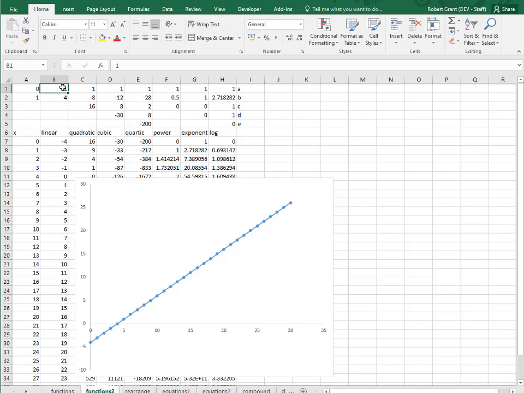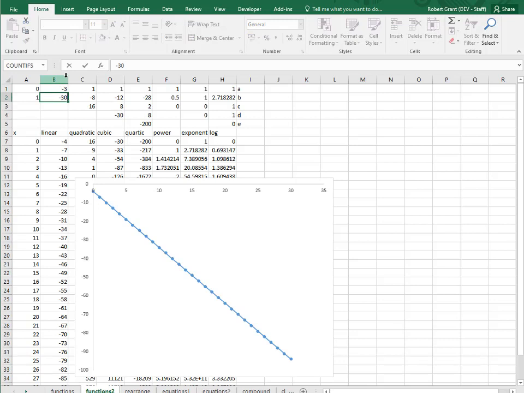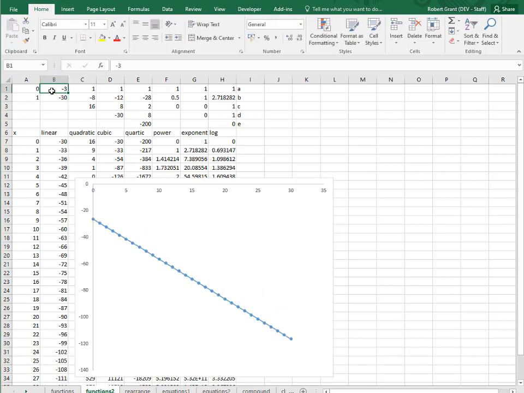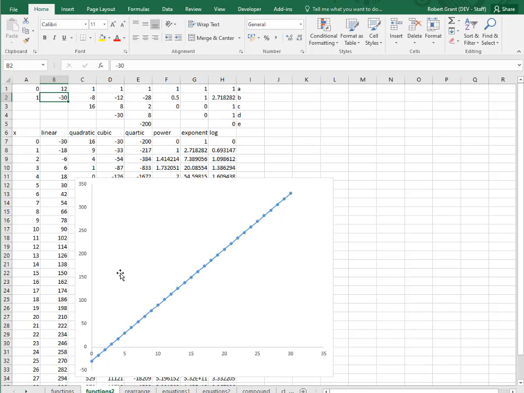If you were to make it negative, then you have a dramatic change, because that's coming down. And remember, the minus 4 is where it starts here. I could change this to minus 30 and it goes upwards, or I could change this to 12. It got up quite steeply from minus 30. So you should have complete control over this one.